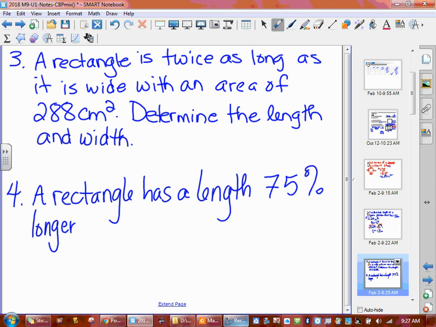So number 4 says a rectangle has a length 75% longer than the width. I'm just going to move it up a bit. Is that too high up? Let me know.